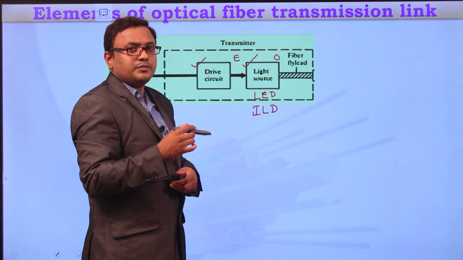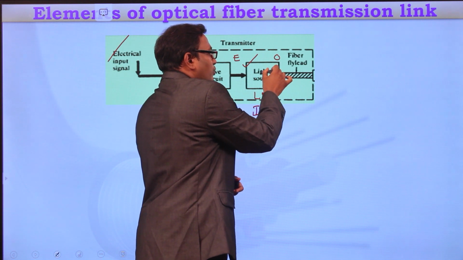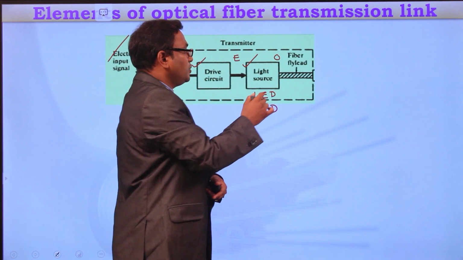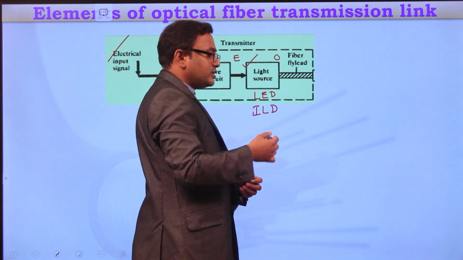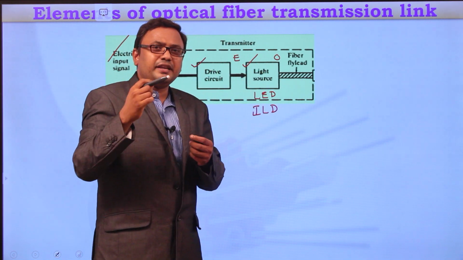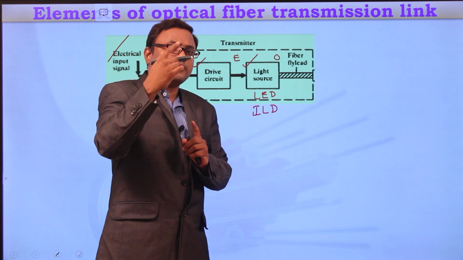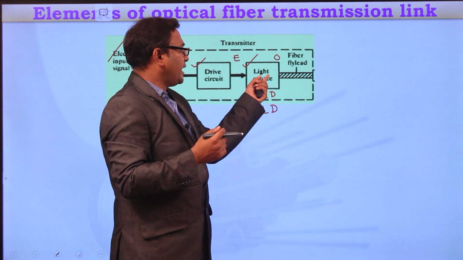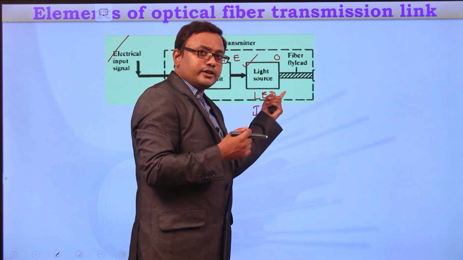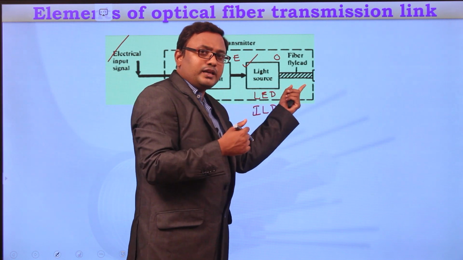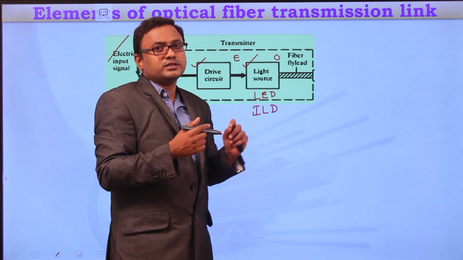So here from this optical source, the light signal with a very small wavelength is coming out. The major challenge is to connect this narrow beam light signal to the channel, right? Here the channel is also nothing but a very small diameter optical fiber cable, which is in the order of micrometers only. So the narrow beam width light signal which is coming out from the laser diode must be properly connected to the optical fiber cable, which is in the order of micrometers dimension.